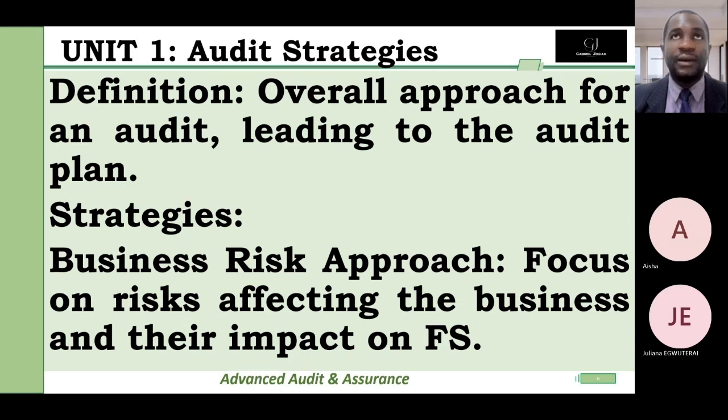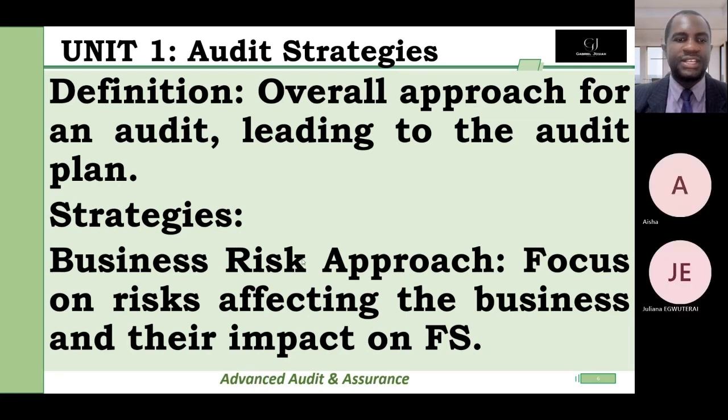So the strategies include the business risk approach, and the focus is on risk, high risks affecting the business, and also the impact of those risks on the financial statements that are produced from the company. This is very important. So the business risk approach identifies key business risks that may impact the financial statement.